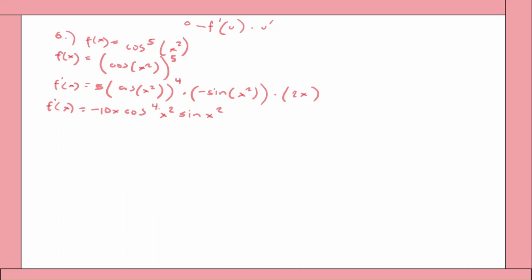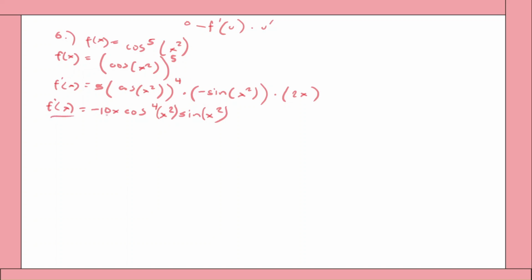And if it helps, you can put parentheses on the angles, just so that you can see where the new term starts and ends. So this is negative 10x cosine to the 4th of x squared multiplied by the sine of x squared. And that is your answer.